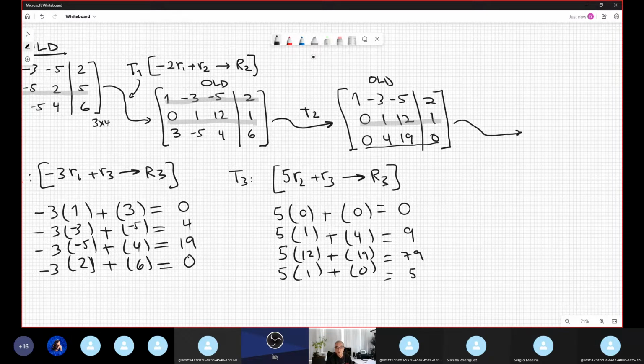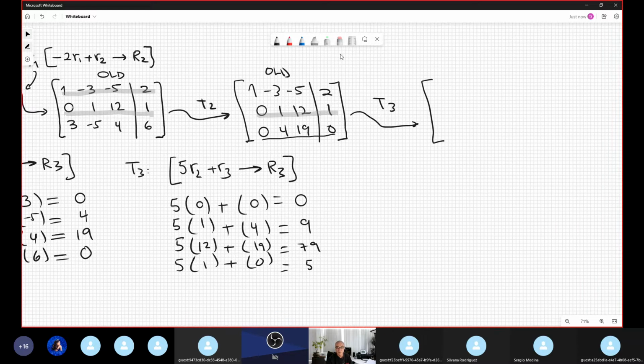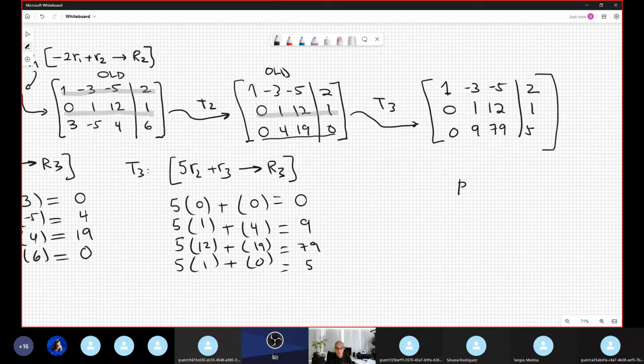My last transformation, 3, is you copy everything. 1, -3, -5, 2. Row 1 doesn't change in this transformation, and row 2 neither. The only thing that changes is row 3, and now it's 0, 9, 79, and 5. Boom. Final answer is option D.